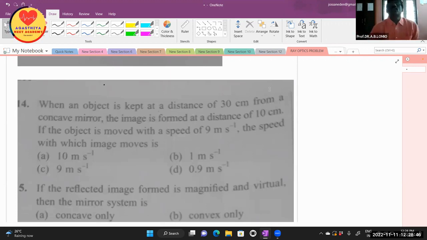If the object is moved with the speed 9 meter per second, find the speed with which the image moves.